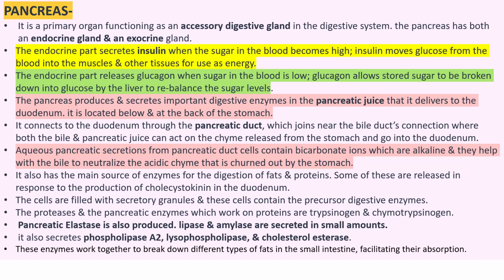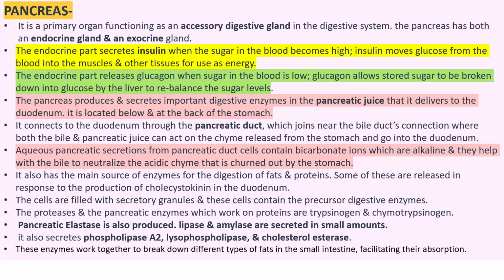So the aqueous pancreatic secretion from the pancreatic duct contains bicarbonates, which are alkaline, basic in nature. For pancreatic enzymes, an alkaline, basic environment is required to complete the digestion process. So the aqueous pancreatic secretion helps the bile to neutralize the acidic chyme that is churned out by the stomach.